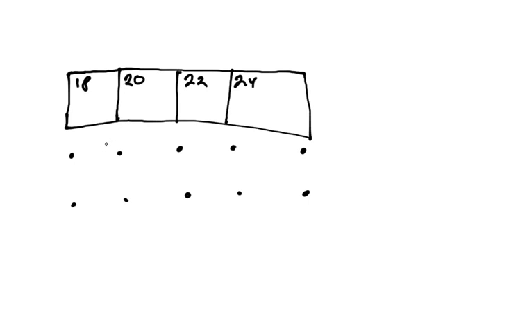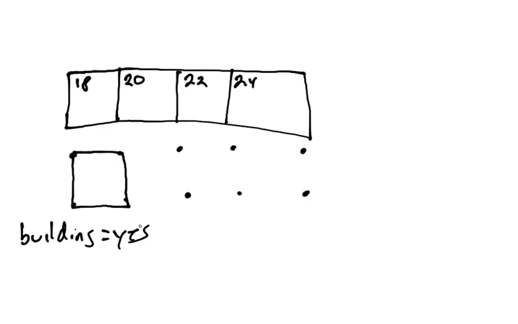So in this example, let's draw the building for 18. So we've got our building here, and we'll say building equals yes. And our house number, so we'll put addr:housenumber equals 18 for this one here.